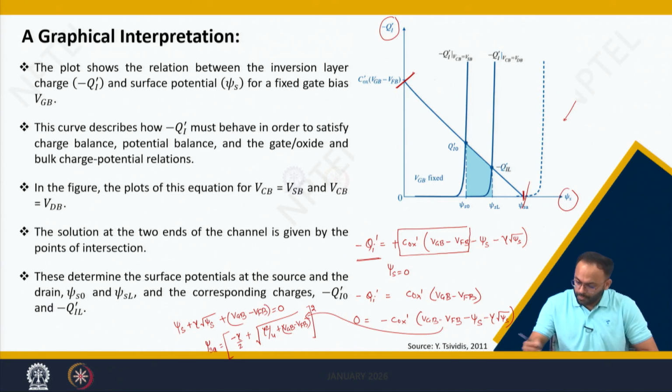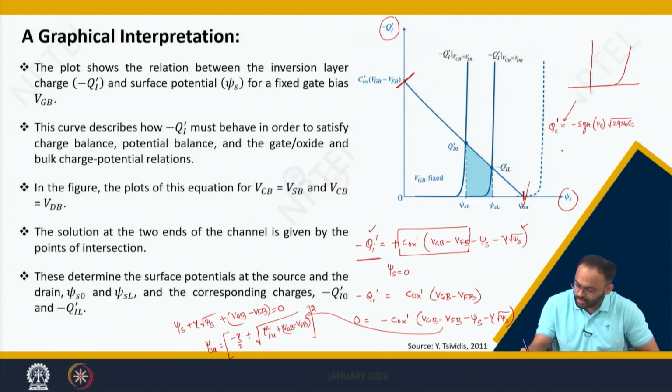We also know that Qi dash and surface potential can be plotted as a function of exponent. You remember in module number 2 we derived a closed form equation of Qc dash by writing this equation with sign of psi s, square root of 2 into q into NA into epsilon s, with the contribution of holes, which is nothing but phi t exponential of minus psi s by phi t plus psi s minus phi t.